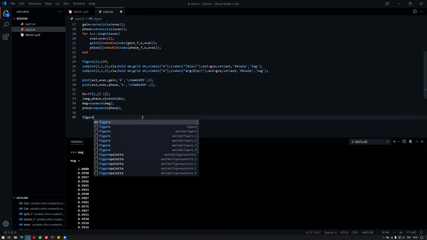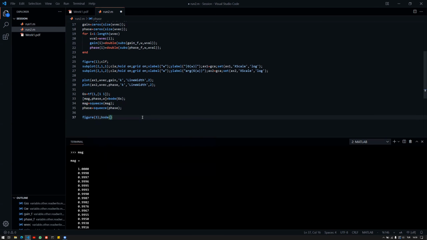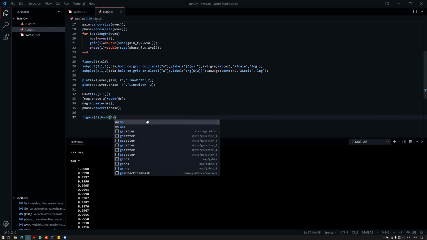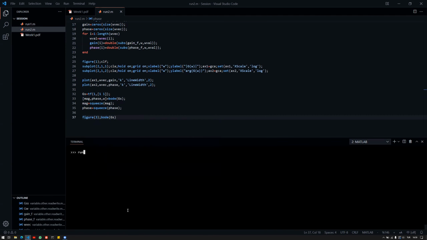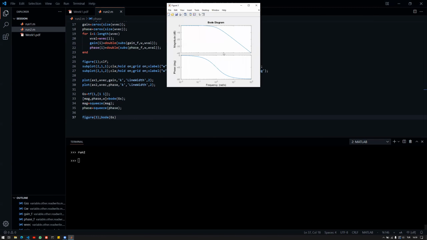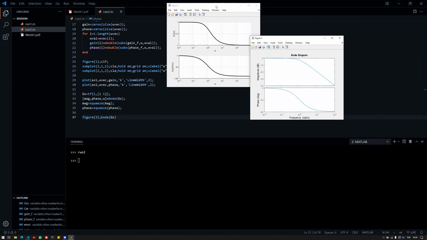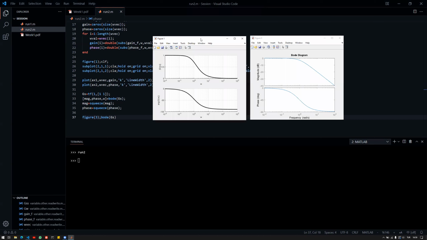Let me also do that to compare with our plot. Now you can see this one was generated by us. There are some minor scale differences.